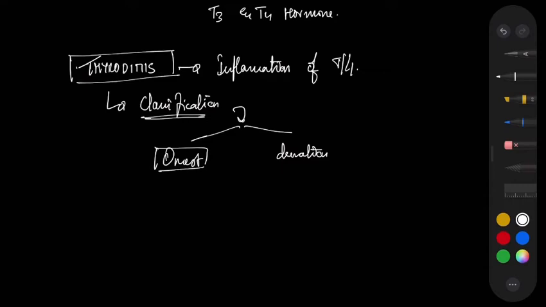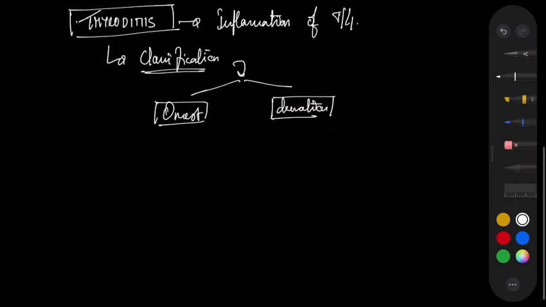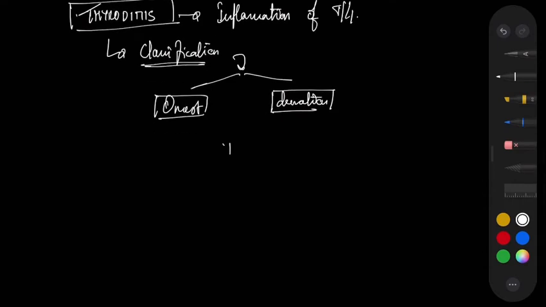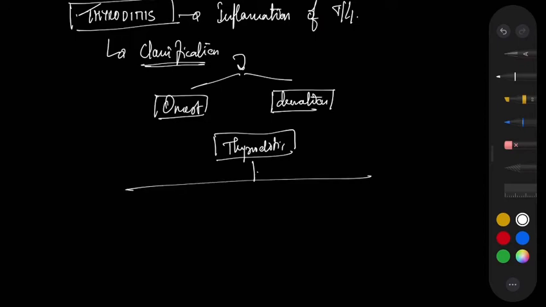So based on the onset and duration, thyroiditis can be classified into three groups. First one being acute, second being subacute, and third being your chronic.